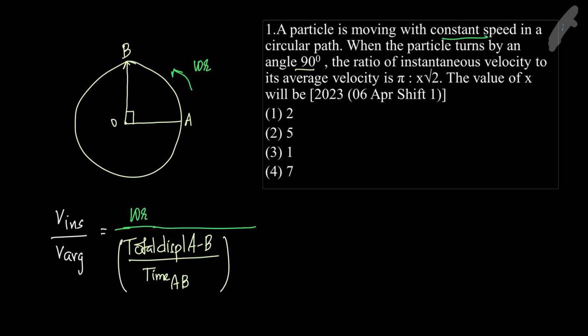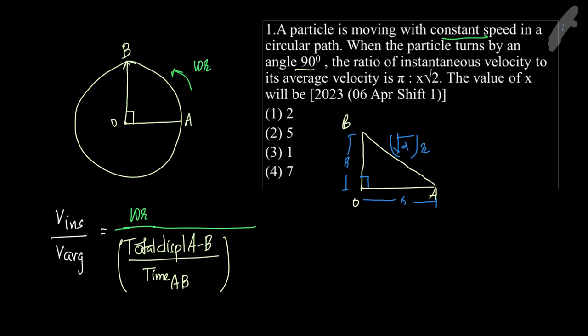Now if we consider the triangle AOB, we have the dimension as r because it's moving in a circle. So this is r. By Pythagoras theorem, we have this AB as root 2 into r. Now what is AB?